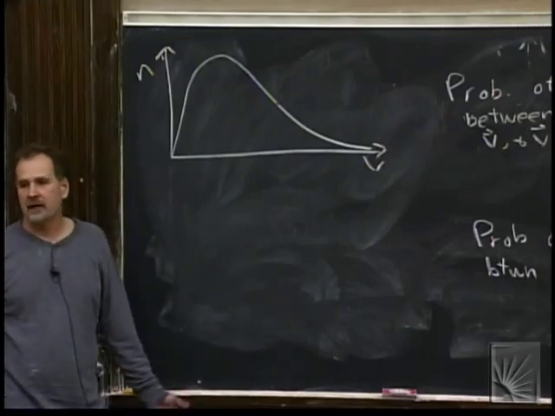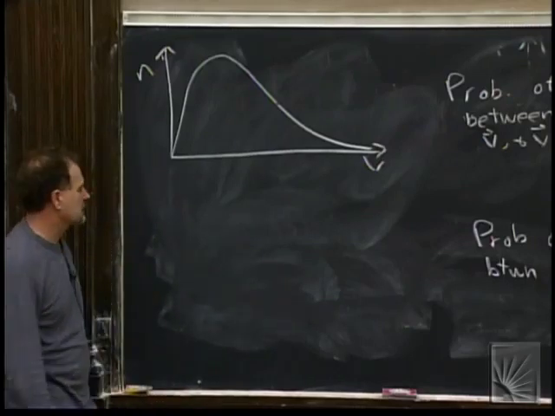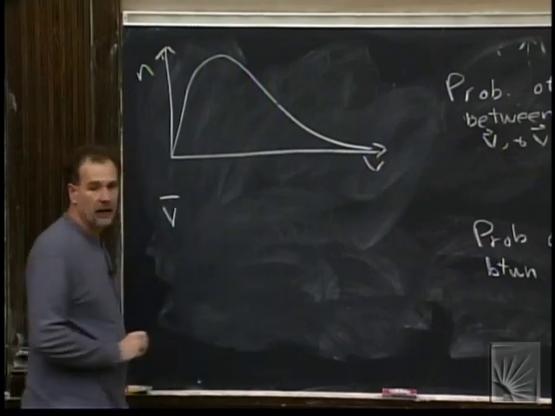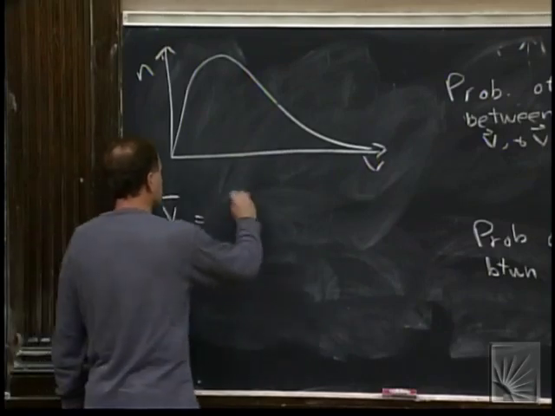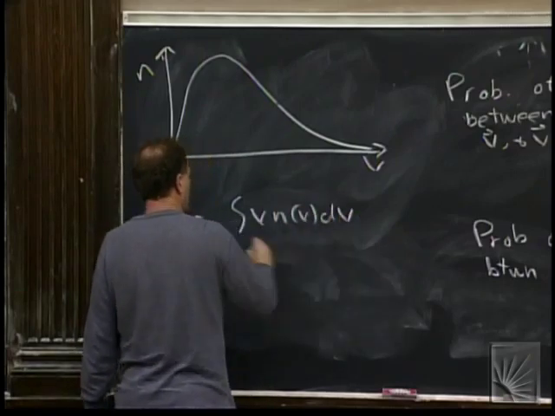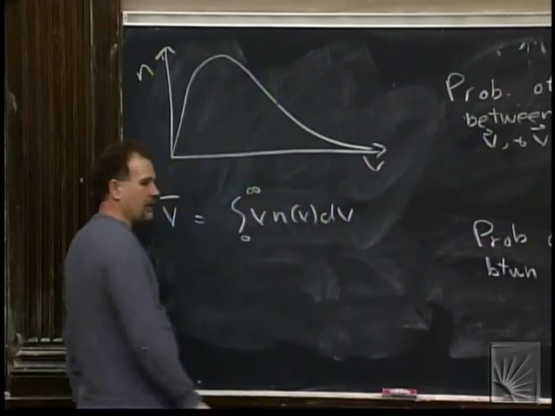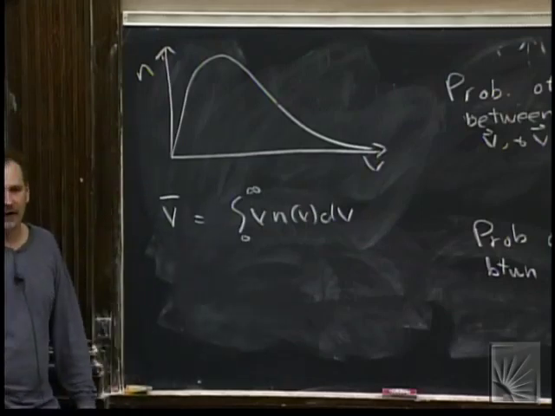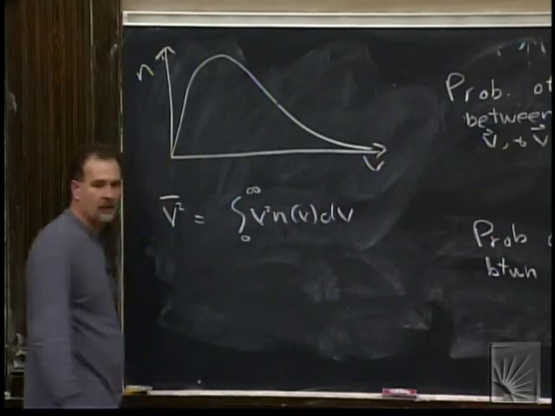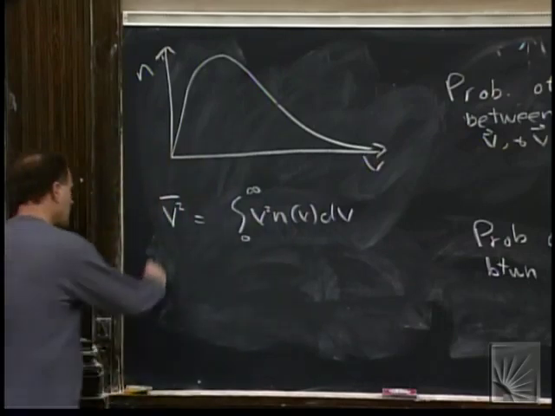And then we can ask various questions. We can ask, what is the average velocity? And that's simple. You would just take v times n of v. I'm going to assign some homework where you just go through and do that, and you calculate. Or I could ask, what's v squared average? And you would do that, okay? What's VRMS?